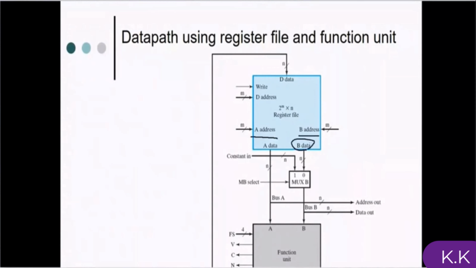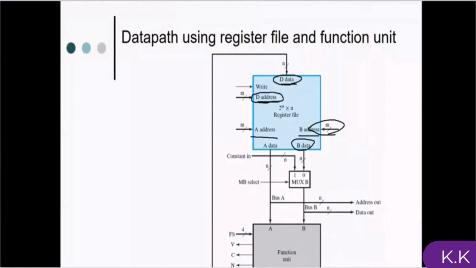We have a register file. You can select one of these registers as the data by using this n bits and one of them for the B by this n bits, and the result can be stored in any of them by using the destination address. And this is the data that will be stored back in one of the registers.